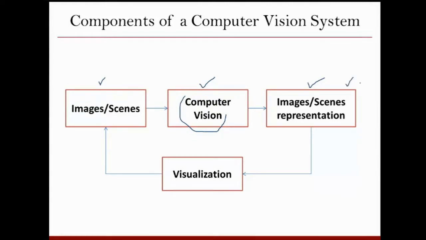But let's say the image was not very good and you could not recognize the person. So you can go back and take another image. If the person is standing there, you can directly take the image. Or if it is an offline process, you can take another image of that person, and then again apply the same process. That's what we mean by this feedback mechanism.